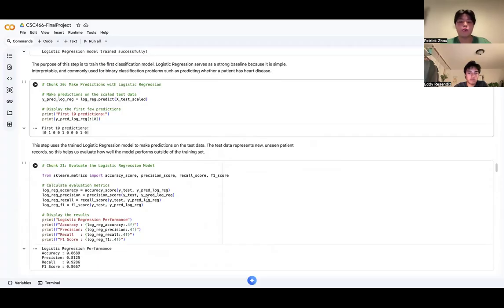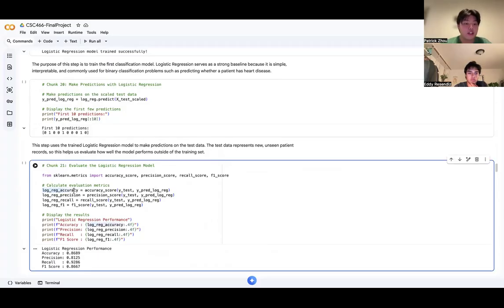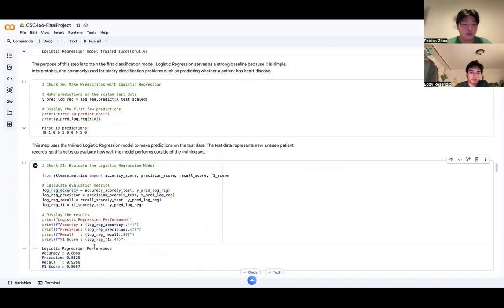These metrics will also make it easier to compare our logistic regression with the decision tree and random forest models later in the project. Here's the calculation for accuracy, the calculation for precision, recall, and F1 score, and right here is a printout of our performance.